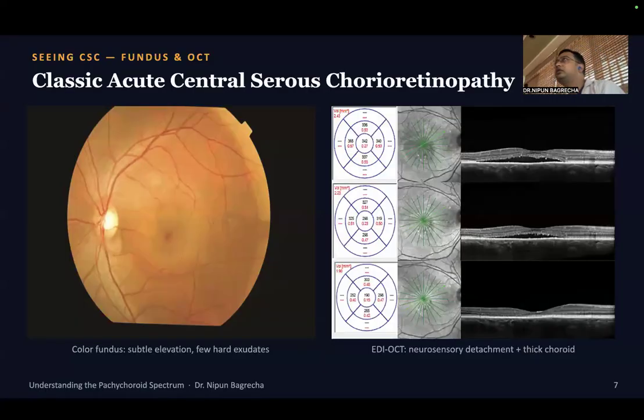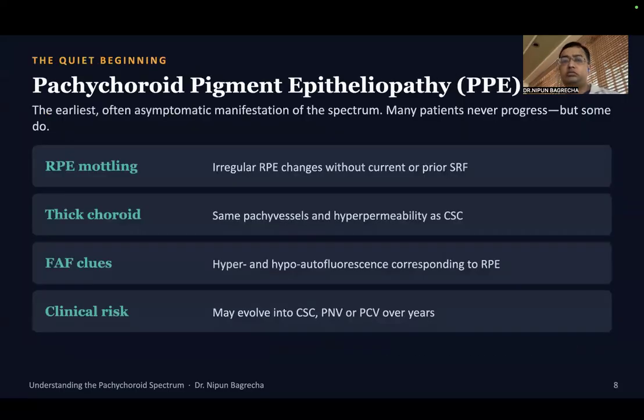Dr. Nipun very nicely elaborated about this sleep and PHR. So we have to expect that obstructive sleep apnea is there. When it comes to recurrent CSR, we are always looking for sleep apnea.